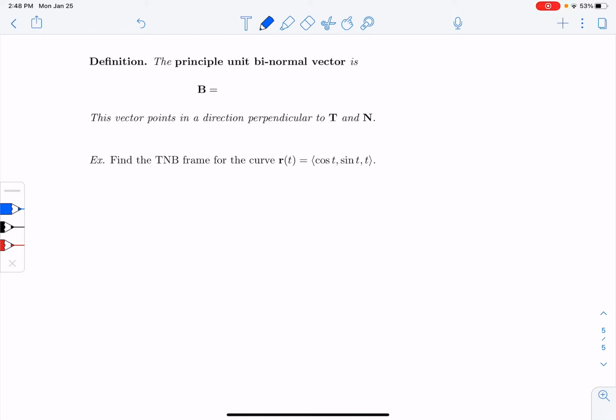So the unit binormal vector is going to be the cross product of T with N. And because T and N are both unit vectors, that will guarantee that B will also be a unit vector. So this vector does point in a direction that's perpendicular to T and N.